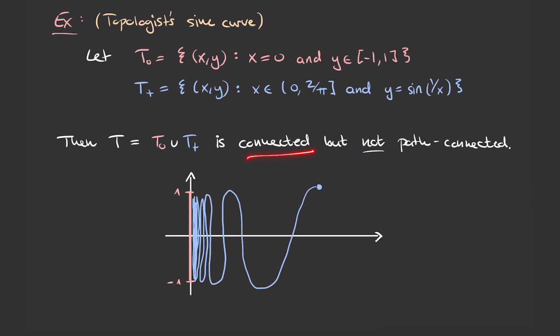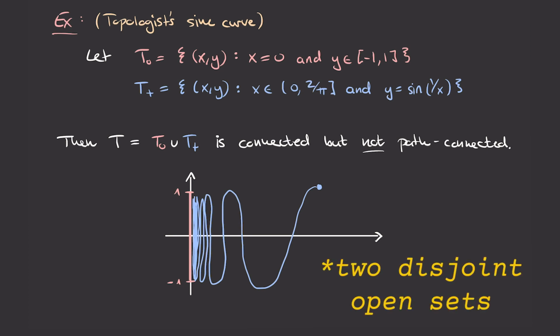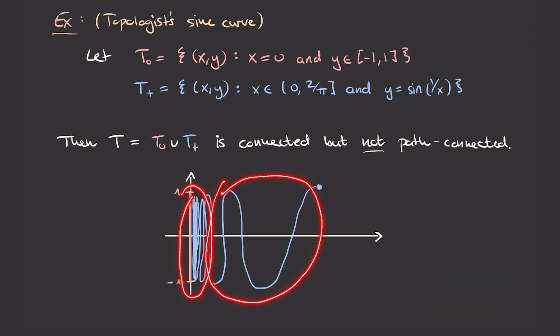To see that T is connected, we can observe that both T0 and T+ are individually connected spaces. Why is this? Well, for example, because each of them is path-connected. And we saw in the video on connectedness that connected sets have the following property, namely if you have two disjoint sets in the larger space, then the connected subspace has to lie completely within one of the sets.